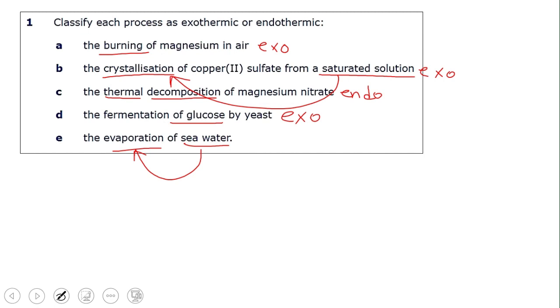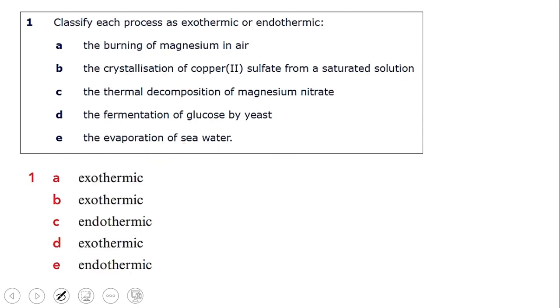So energy is needed here. Water will absorb energy so that it can change into vapors having more kinetic energy. So this process is absorbing energy or heat, so this will be known as an endothermic process. So here are the solutions for question number 1.